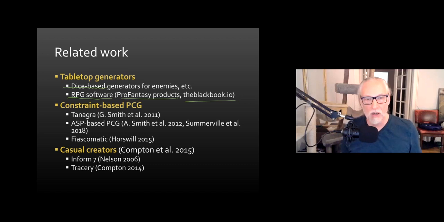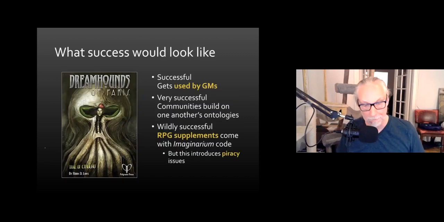This work follows in the footsteps of a lot of great work on constraint-based PCG. I want to give particular shout-outs to Gillian Smith's Tanagra system and Adam Smith's work with answer set programming. And it's heavily influenced by the work that others have done on casual creators, especially Graham Nelson's work, as I mentioned before, but really especially Kate Compton's work on Tracery and her very notion of a casual creator.